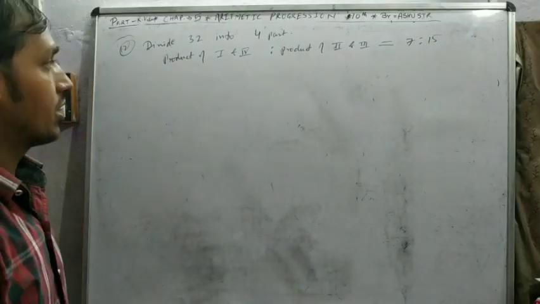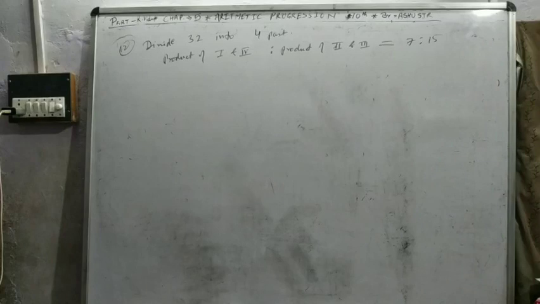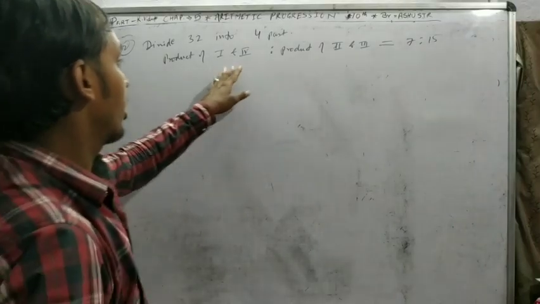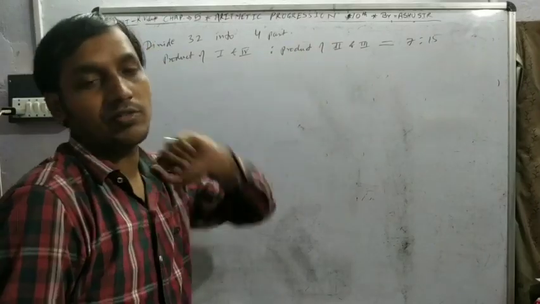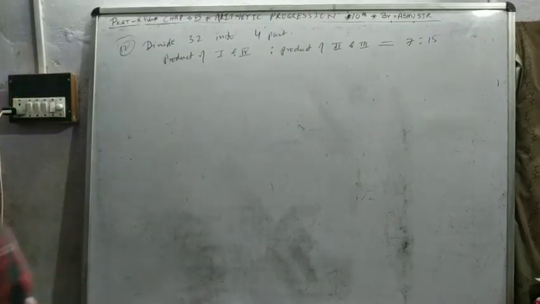Find all 4 parts. Means 32 is divided into 4 parts, where the ratio of the product of first and fourth to the product of second and third is 7:15. Here the common difference is not given.